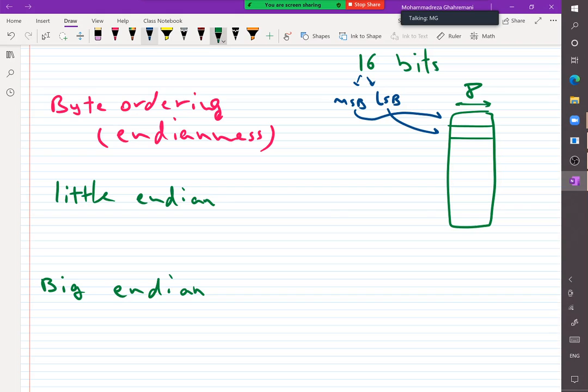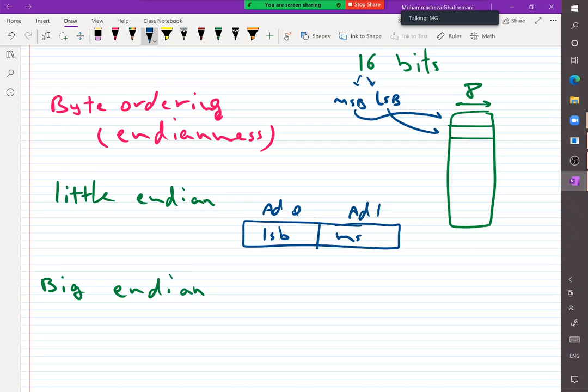In Little Endian, the least significant byte is followed by the most significant byte. So if this is address 0 and address 1, first we put the least significant byte and then the most significant byte.